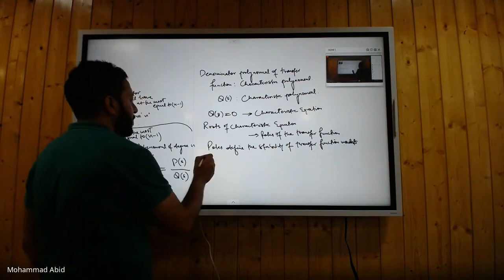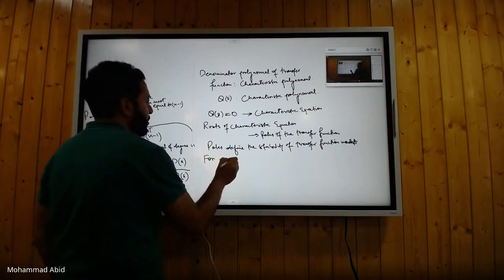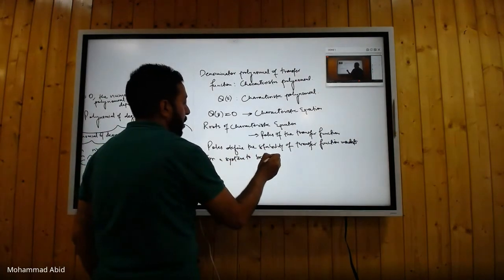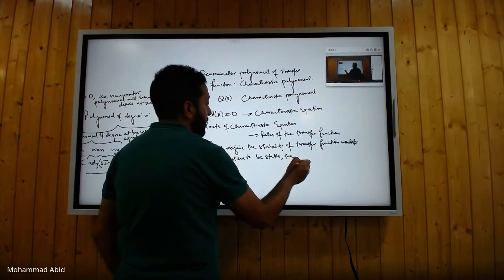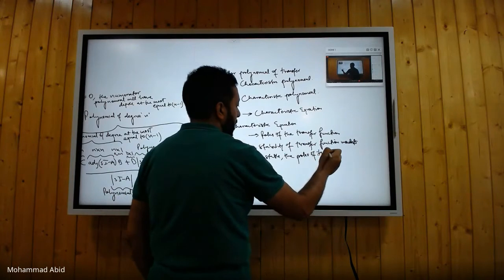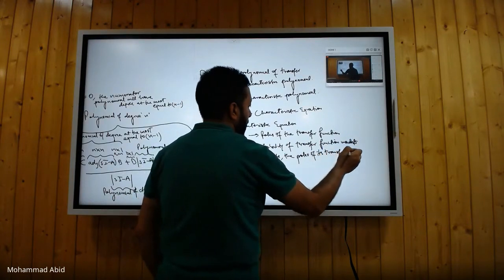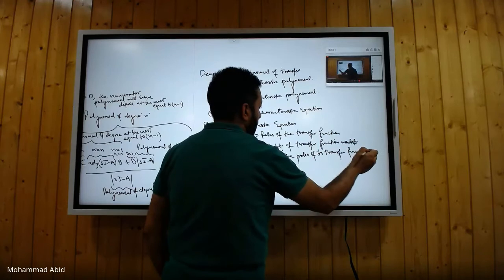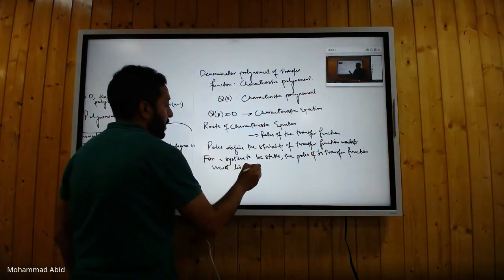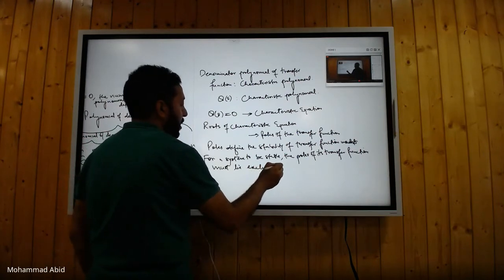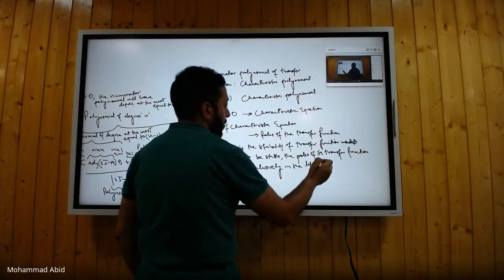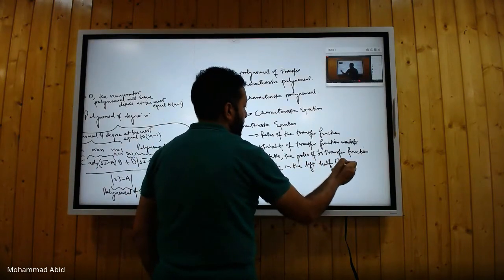You know that for a system to be stable, and I wrote this last time also, the poles of its transfer function must lie exclusively in the left half of the S plane.